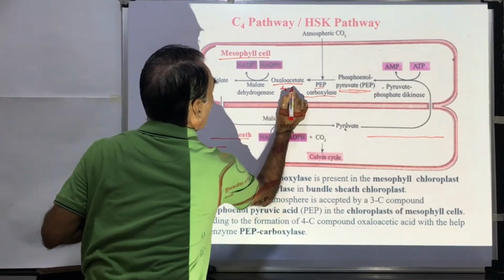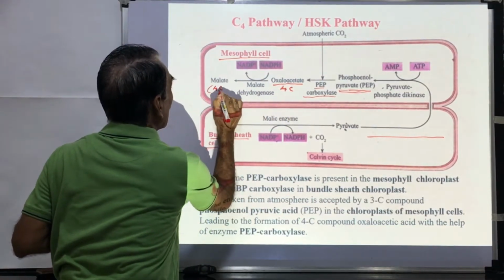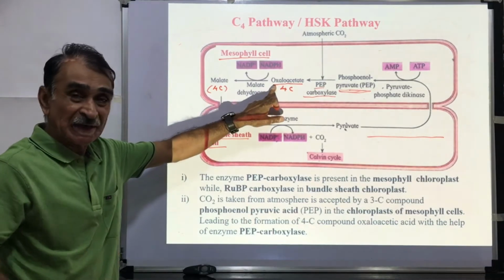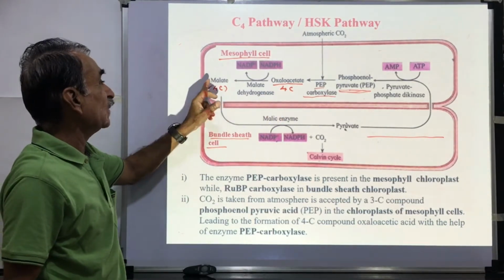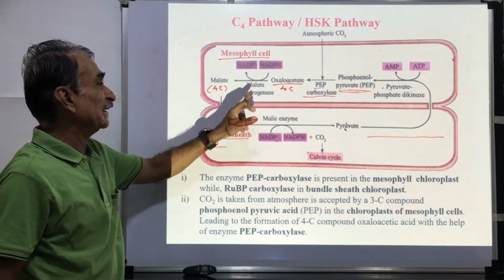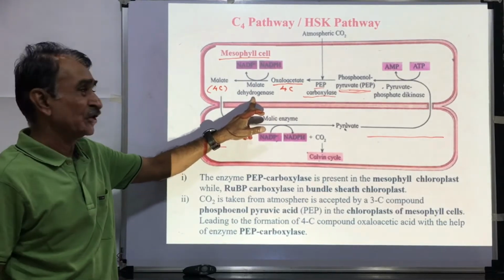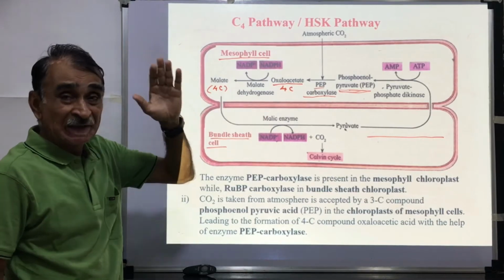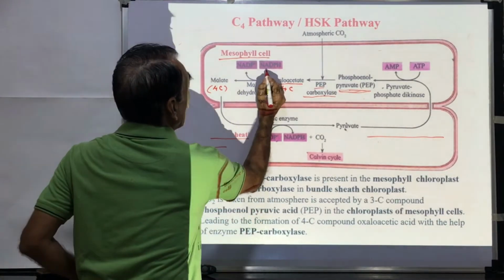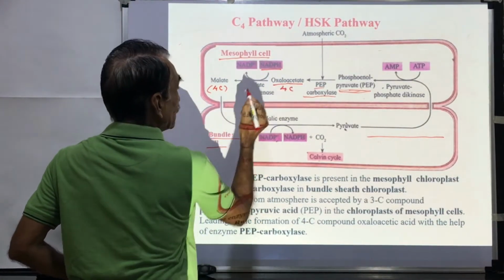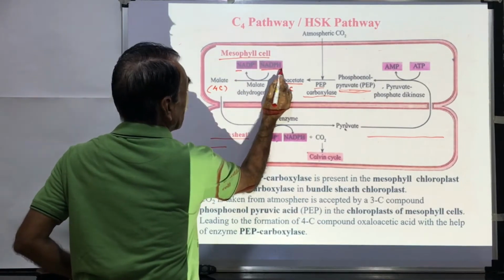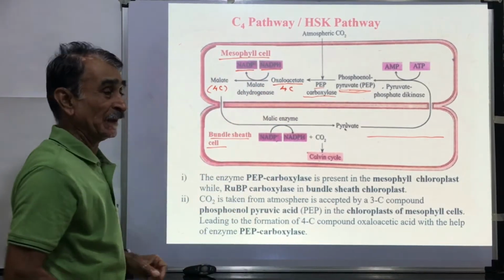This is a 4-carbon compound. This is also a 4-carbon compound. Oxaloacetate, or OAA, is converted into malate in the presence of the enzyme malate dehydrogenase, or MDH. In this reaction, NADPH is used, which is converted into NADP.